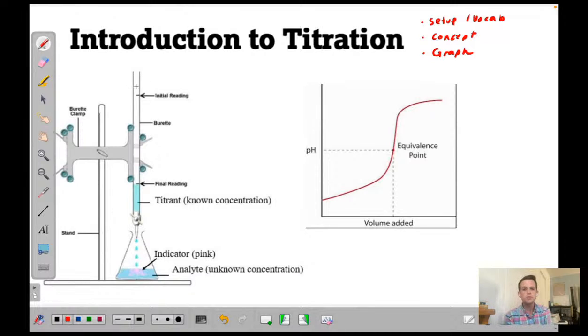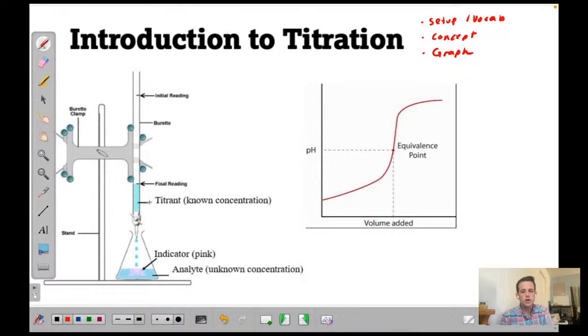A burette's unique because the numbers go the opposite way as you fill it up. So just be aware of that. The numbers will be the smallest up here and the biggest down here to basically help you see how much you added.